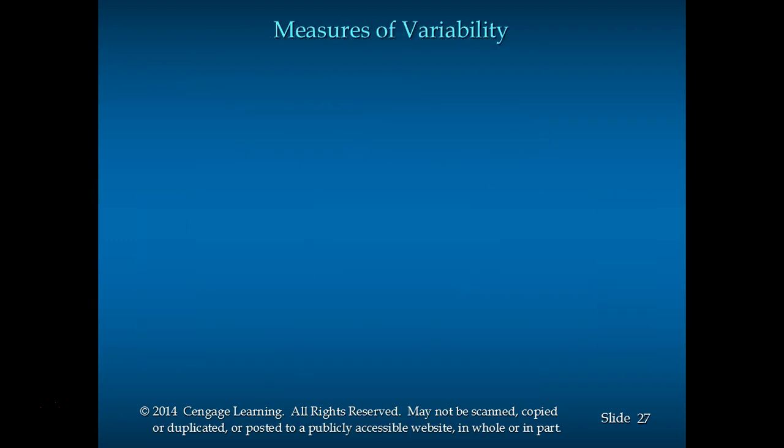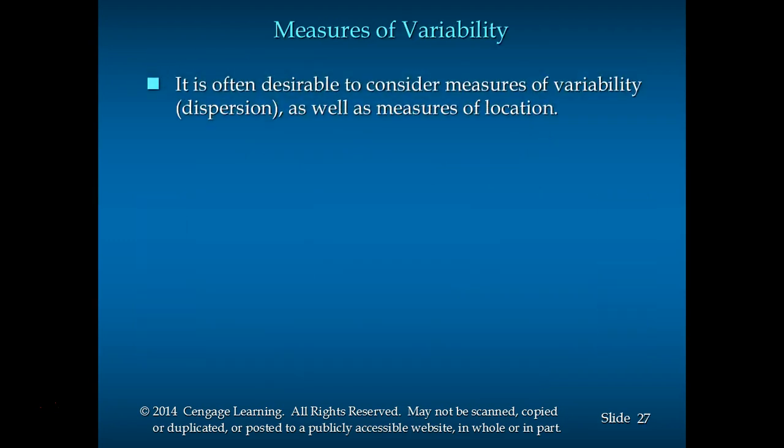Okay, continuing on. What are measures of variability? This is how far spread out the data is. Basically, it is often desirable to consider measures of variability or dispersion as well as measures of location.